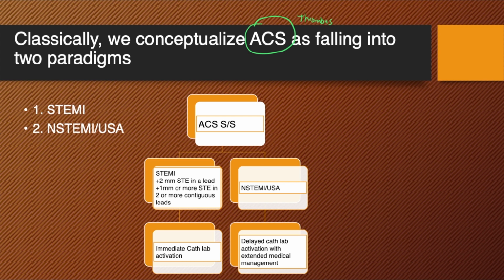This is often due to the rupture of an atherosclerotic plaque. Then you have a marked decrease in blood flow through that coronary artery that causes ischemia, injury, and or infarction in areas supplied by that coronary artery.